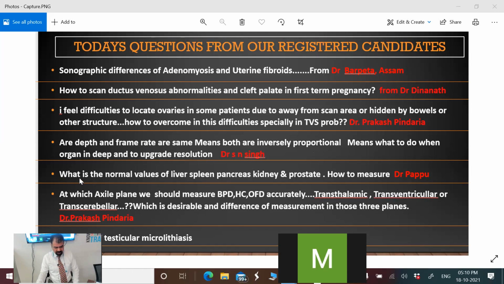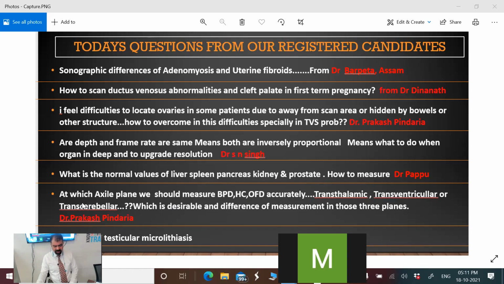Now, Dr. Papu is posting what is the normal value of liver, spleen, pancreas, kidneys, and prostate, how to measure. So Dr. Papu wants to know the normal value of liver, spleen, pancreas, kidneys, and prostate, and how to measure it. Now, this is the second question from Dr. Prakash. At which axial plane we should take BPD, HC, OFD accurately, transthalamic.